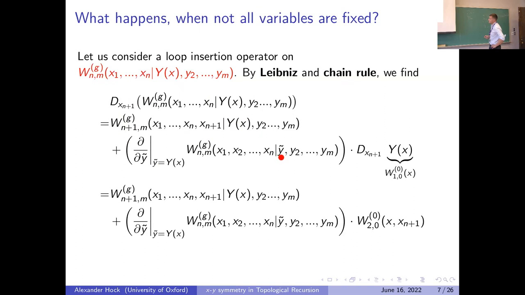I wrote here inserting at y tilde equal to capital Y of X times the operator acting on Y of X, where Y of X was by definition W_{0,1,0}, and this gives you then W_{0,2,0}. So this is a different action if we assume that one of these variables is itself a formal expansion.